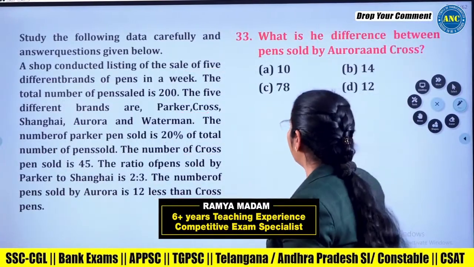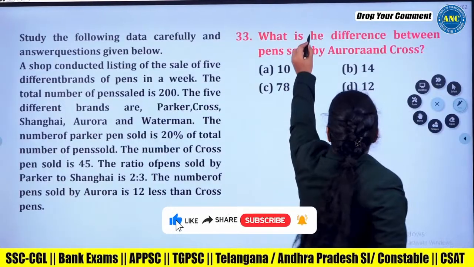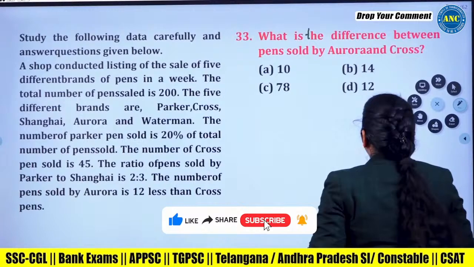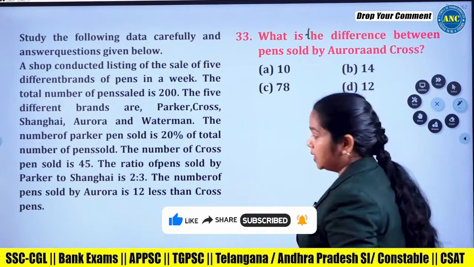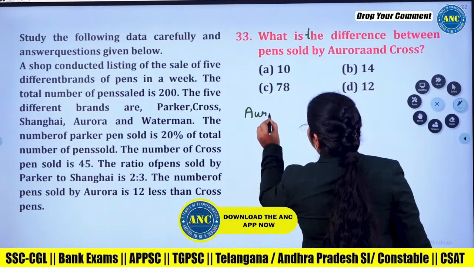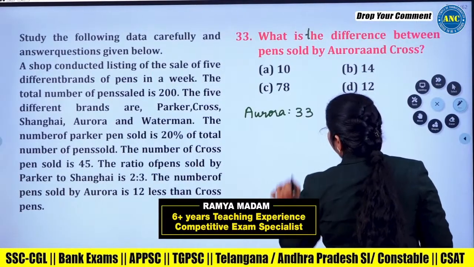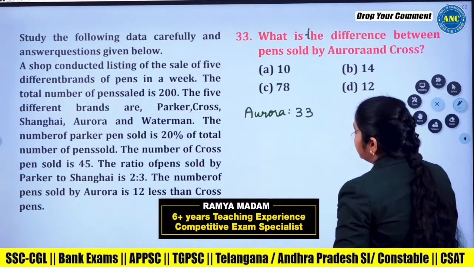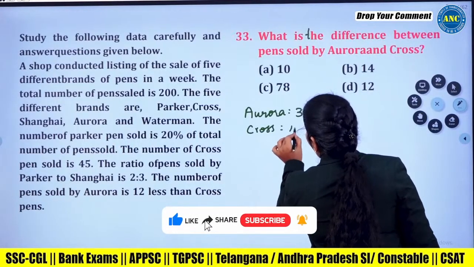Next question, question number 33. What is the difference between pens sold by Aurora and Cross? Pens sold by Aurora is 33. Cross is 45.